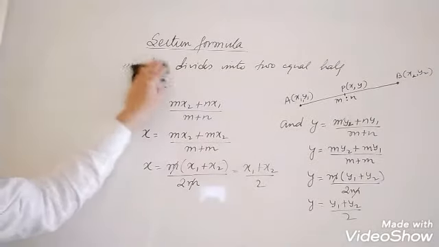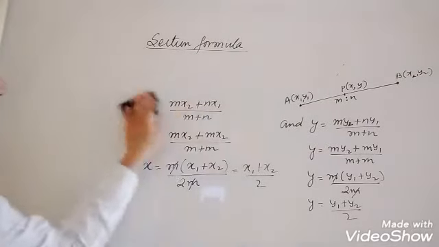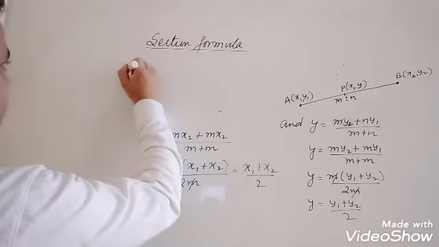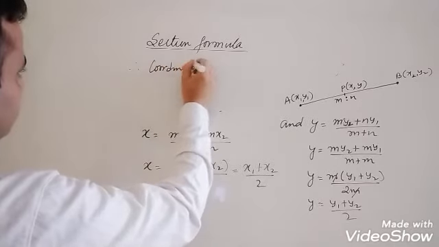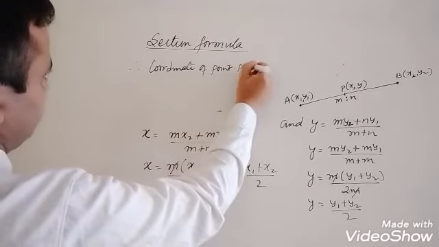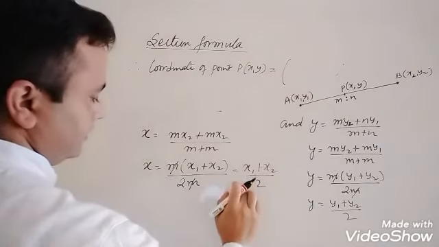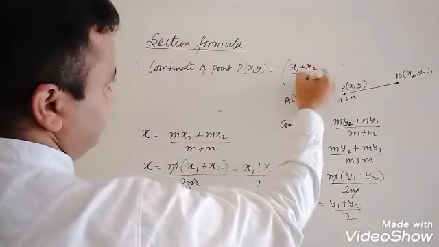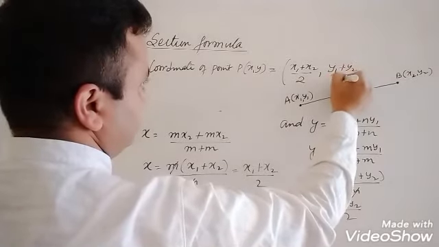Therefore, the coordinates of point P, x comma y, will be: the value of x is x1 plus x2 divided by 2, and the value of y is y1 plus y2 divided by 2.